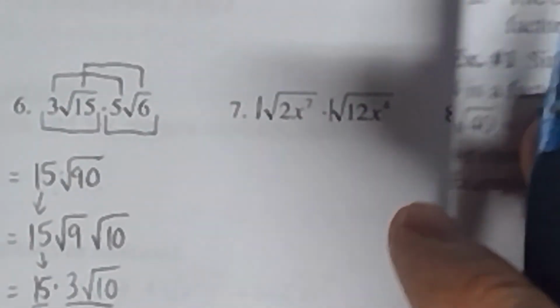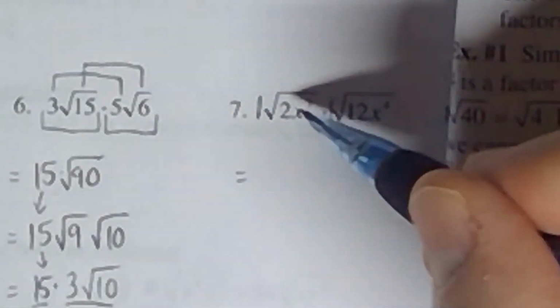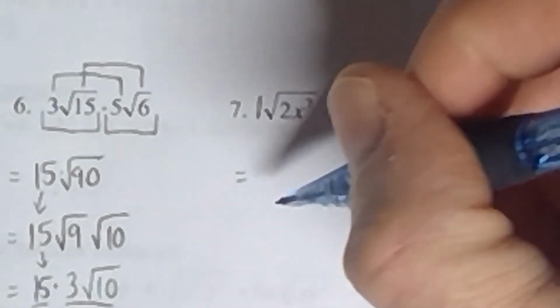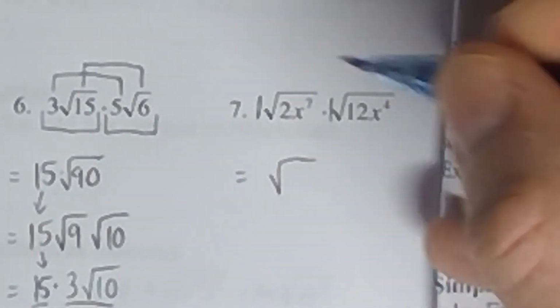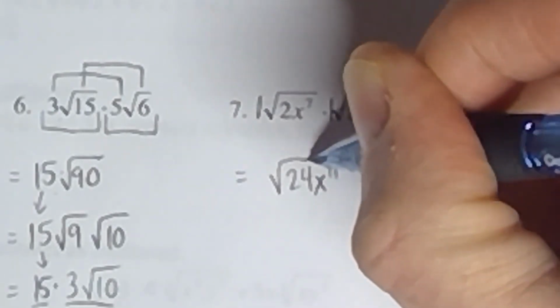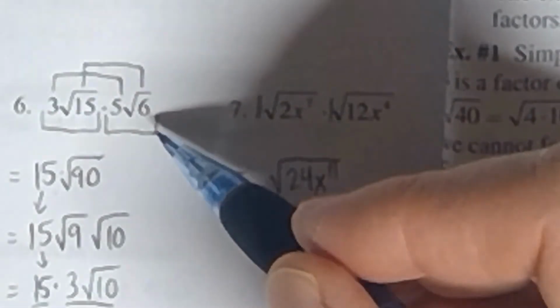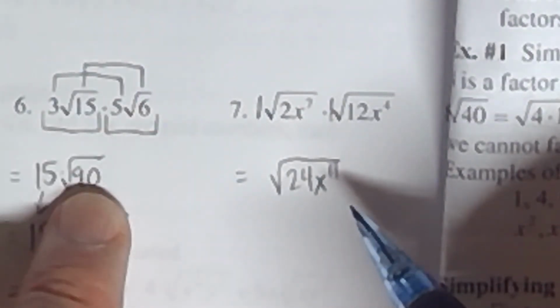It's just that if both of them are equal to 1, it's not going to do anything, is it? 1 times 1 is 1, and then I still have to do the radical part, and so I'm going to end up with 24x to the 11th on the inside of the radical. Remember, inside times inside stays inside.